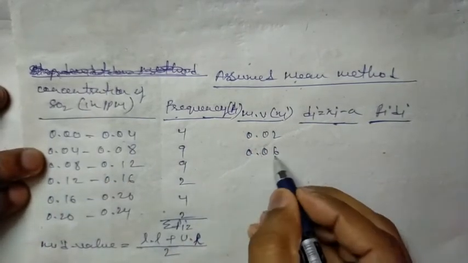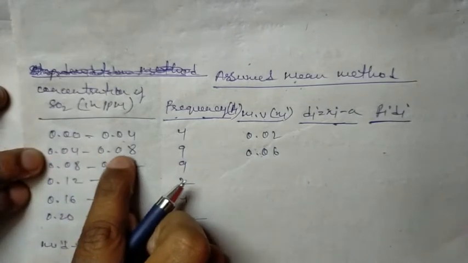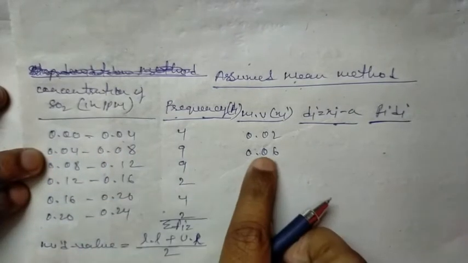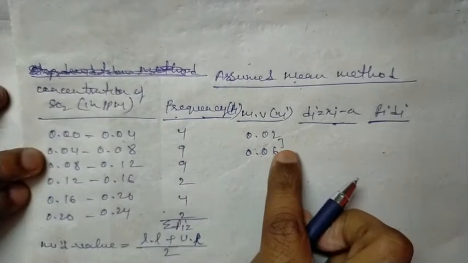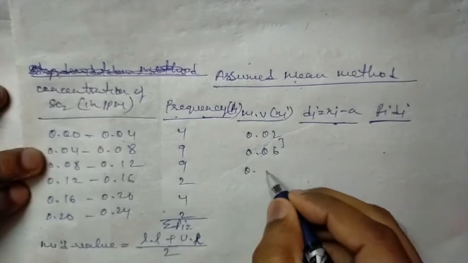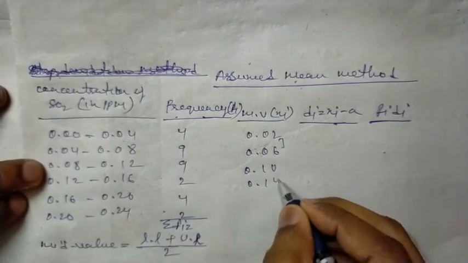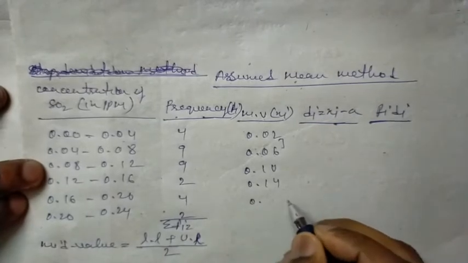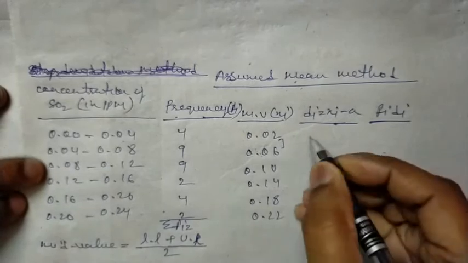Then 0.04 plus 0.08 divided by 2 is 0.06. The gap is 0.04, right? It will be 0.10, 0.14, 0.18, 0.22.